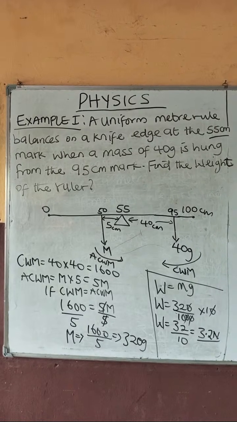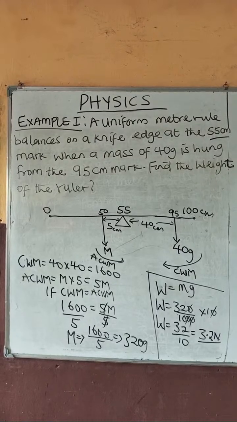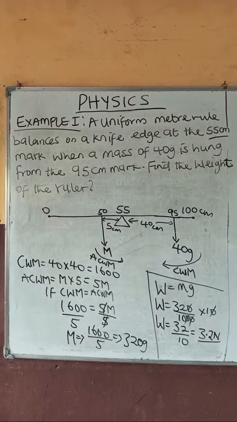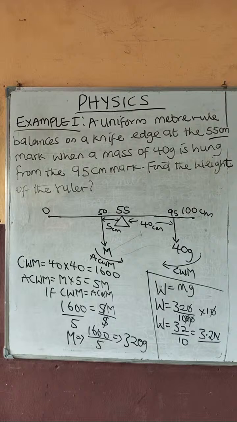I have to put it there myself so I can be able to get the weight of the meter rule. I told you that the weight of the meter rule will be asked for you to calculate it. We are supposed to use the midpoint to get the weight of the meter rule.